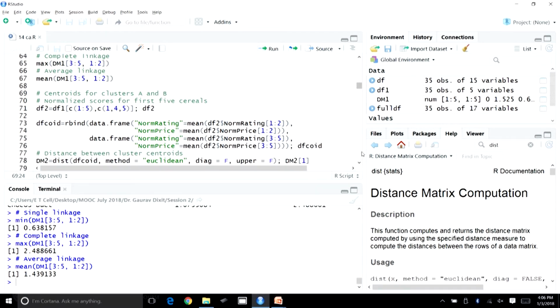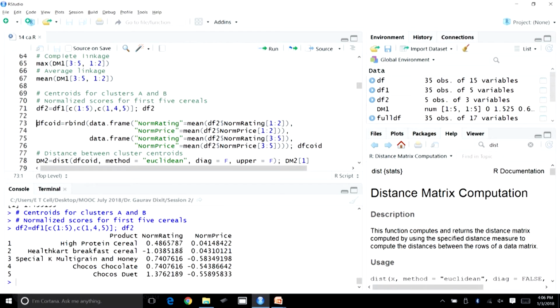So, if we have two clusters A and B and we want to compute the centroids for these two, what we will do first is use this particular information, the DF1, where we had the normalized scores. If we are interested in the first 5 cereals, we can run this code and we will get this information.